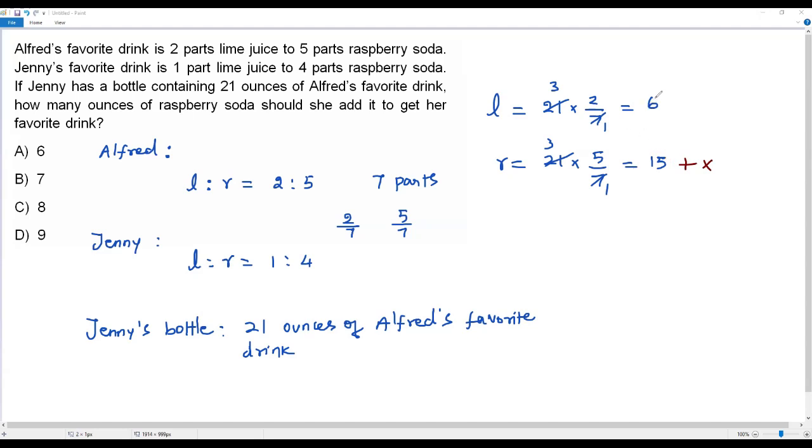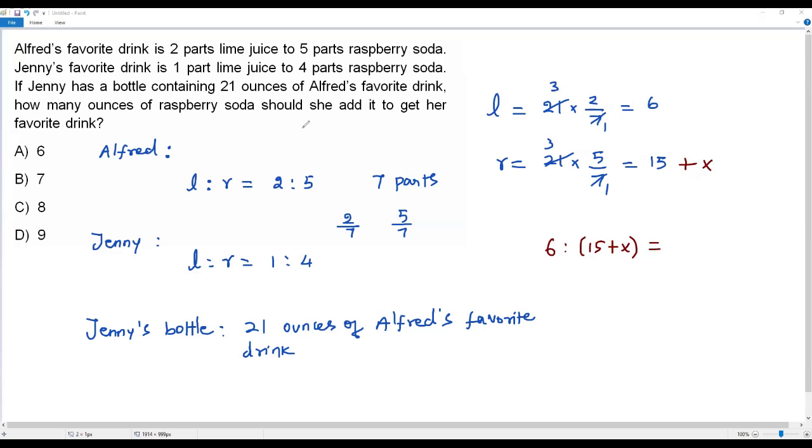Now let's write the ratio between the number of ounces of lime juice and the number of ounces of raspberry soda. So 6 to 15 plus x. Since I added x ounces of raspberry soda, now it becomes Jenny's favorite drink. So this ratio represents the ratio of lime juice to raspberry soda in Jenny's favorite drink.